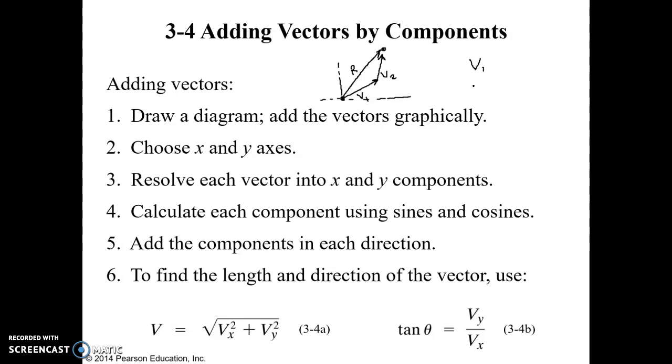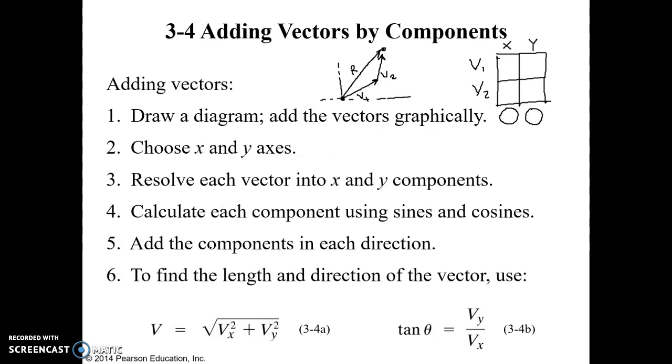So set up vector 1 and vector 2 as the rows, and then the columns can be x and y. And then you can write in the x and y components of vector 1 and the x and y components of vector 2. And then you can add up or sum those two columns to get the x and y components of the resultant.